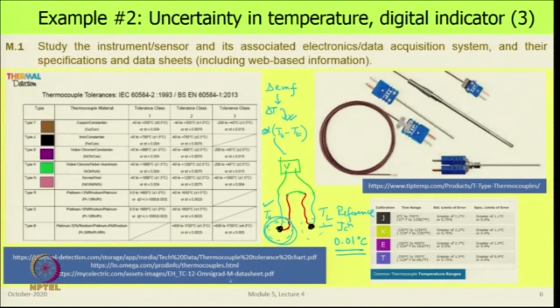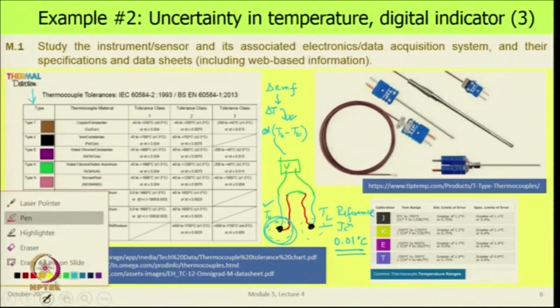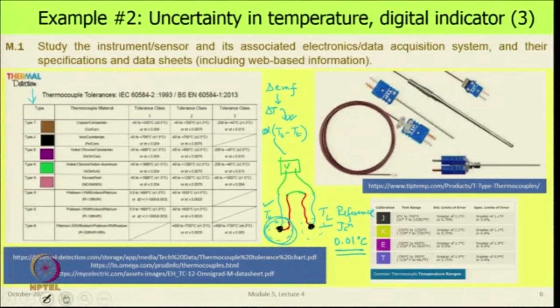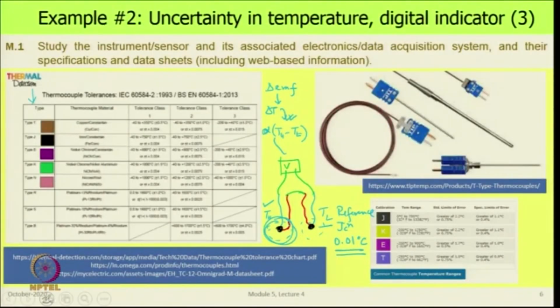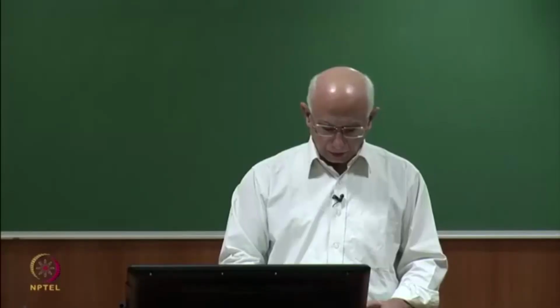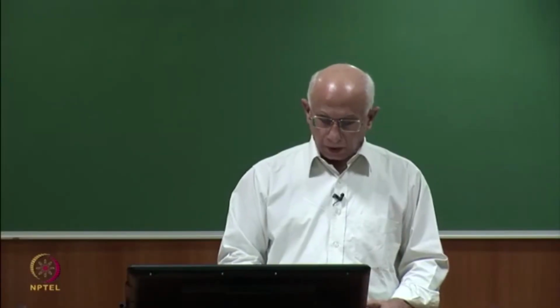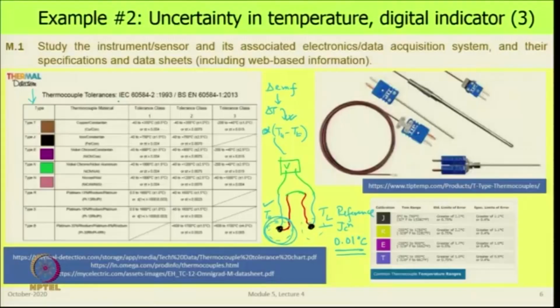Now, thermocouples come in a few common categories or types, and that is listed here. This table is taken from an international standard which governs thermocouples, the international standard IEC 60584, and there are equivalent standards from ANSI, ISO, IS.